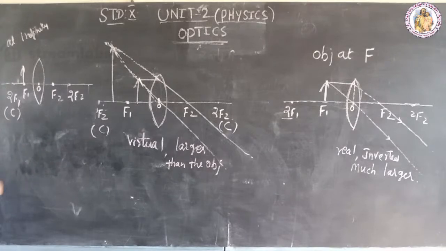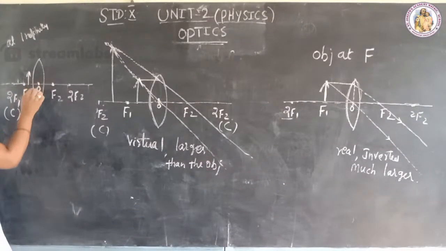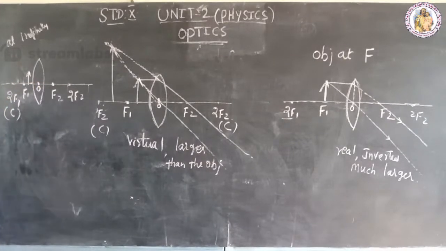And what if we keep the object very near to the lens, in between the optical center and the focus? This time we get the virtual image.